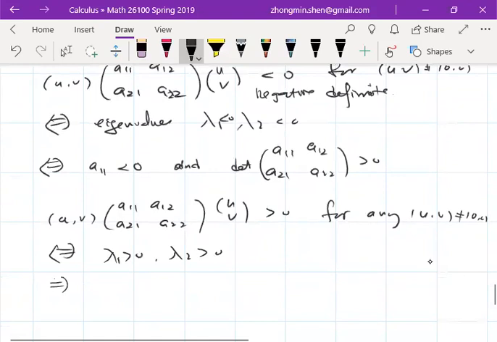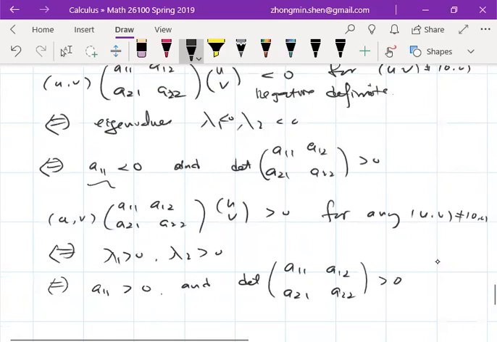But if you look at the matrix, how can I check whether the eigenvalues are positive? You just need to look at the first number, A11 is positive, and then the determinant should also be positive. So the determinant is always positive, doesn't matter in which case, only these numbers.